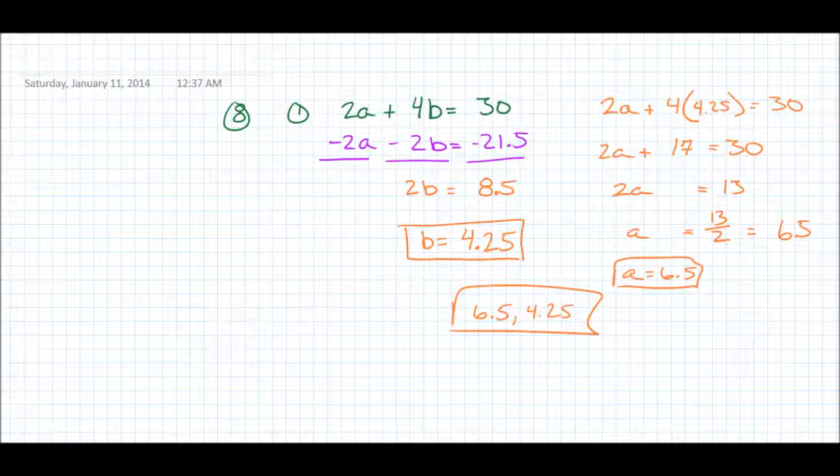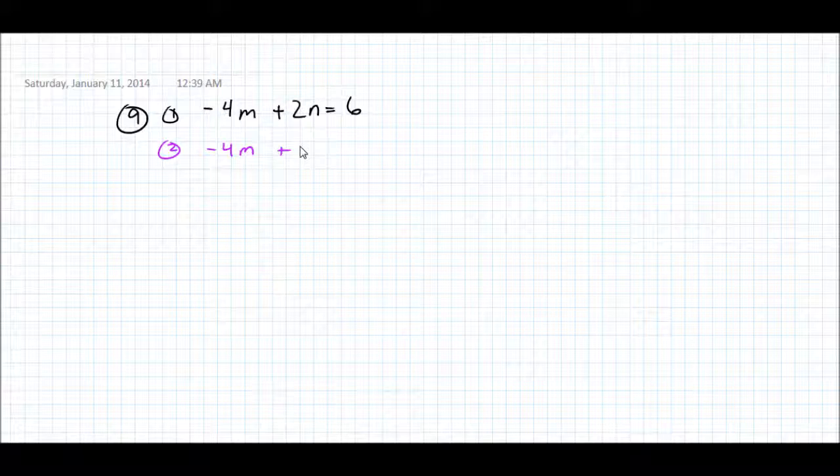Number 9. Negative 4m, first equation, plus 2n equals 6. Equation 2 is negative 4m plus n equals 8.